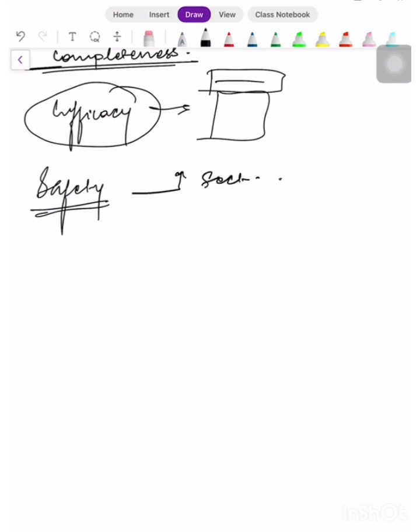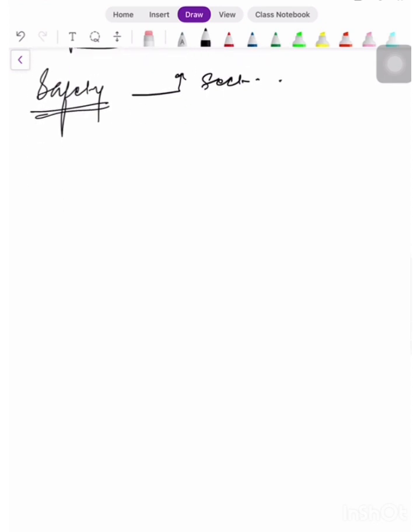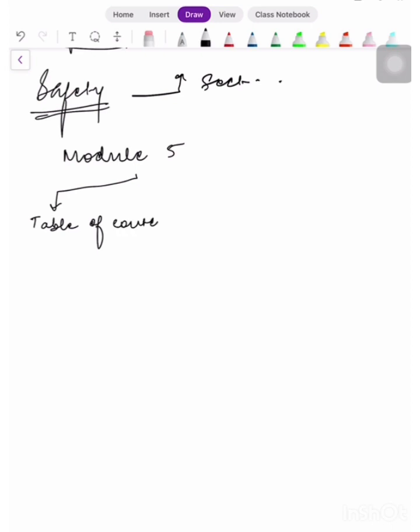So in module 5 there are a total of 4 sections. The first one is the table of contents of module 5.